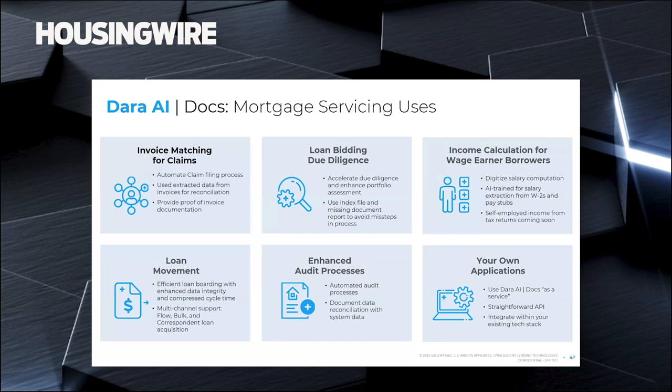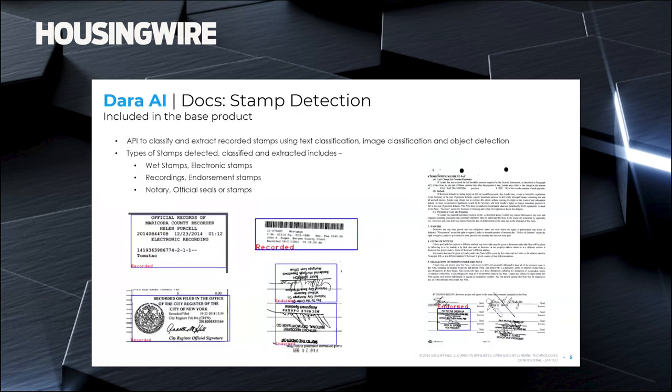As Zeb mentioned in the beginning, we do have some patented technology around stamp and signature detection. So we'll show that here in a minute. One of the things that we see is servicers have very robust imaging systems that have many different versions of, let's say, a mortgage note or an application, et cetera.